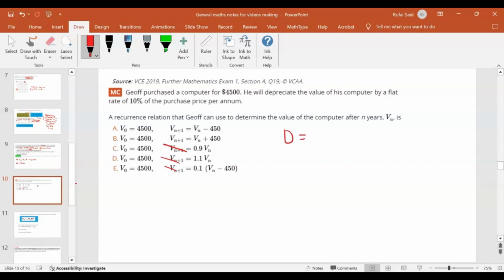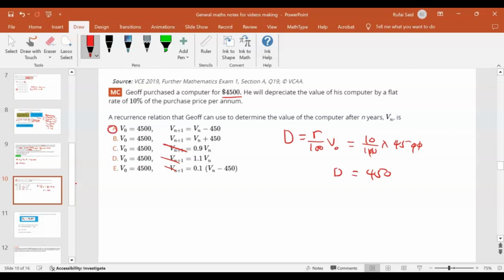The D value has to be R over 100 times V naught. Our V naught is 4,500, so we substitute 10 over 100 times 4,500, which gives us 450. And that is depreciation, so it has to be minus. So this is the correct option. That's how you do it.